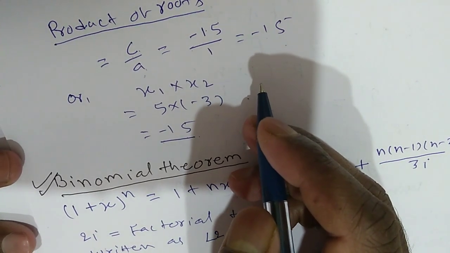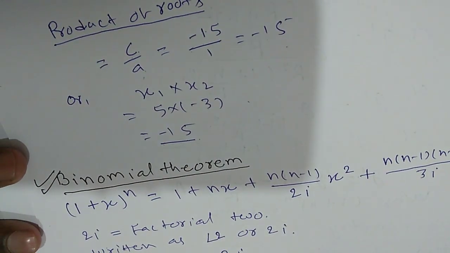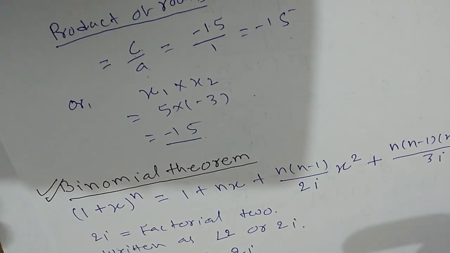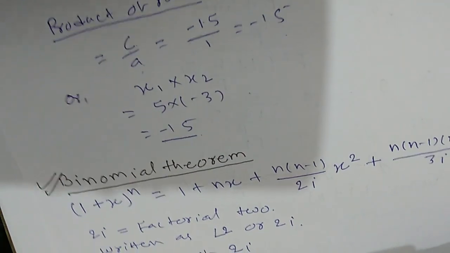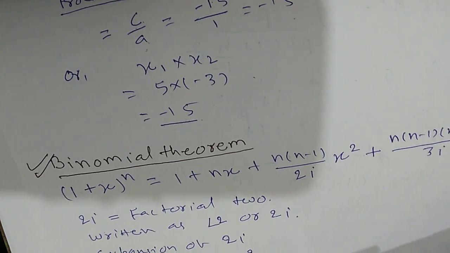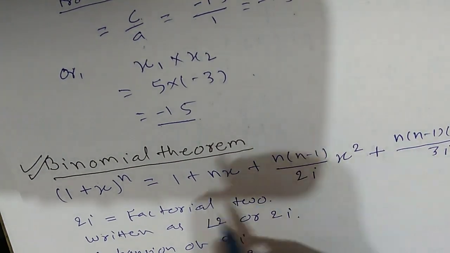Next is the binomial theorem, which is the most important part, frequently used in different chapters, such as gravitation is one of the examples.